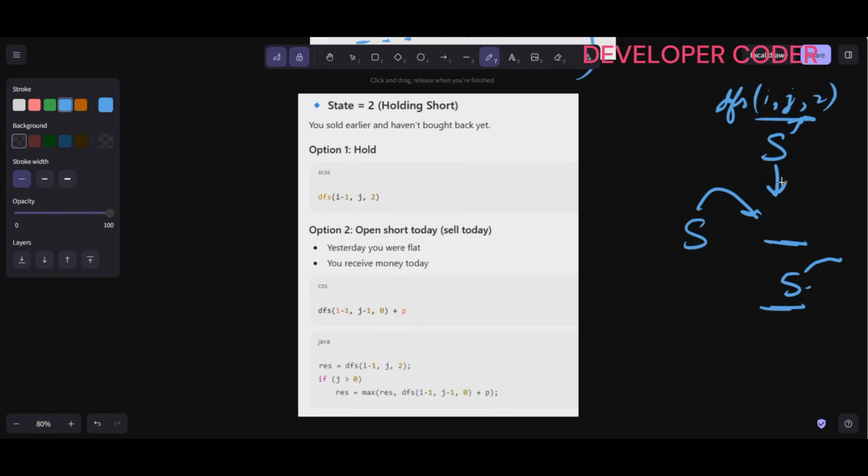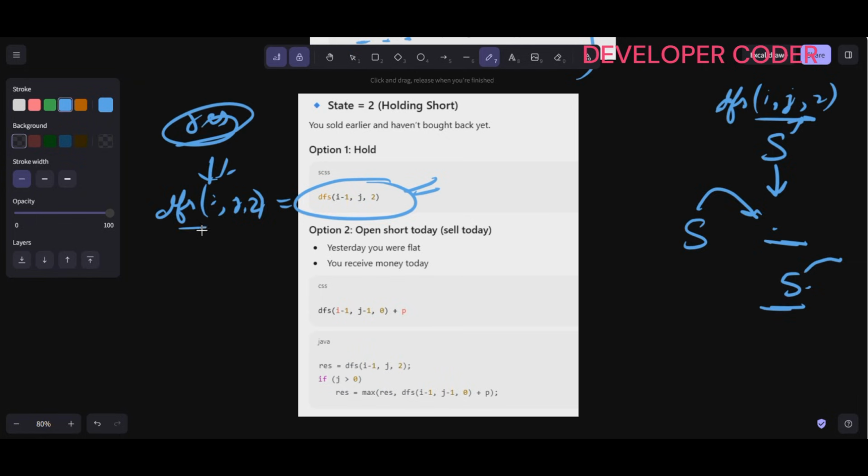If I don't do anything, then from previous, I minus 1 j comma 2, so dfs of I j comma 2 is equal to this one only. I can say this is my result.